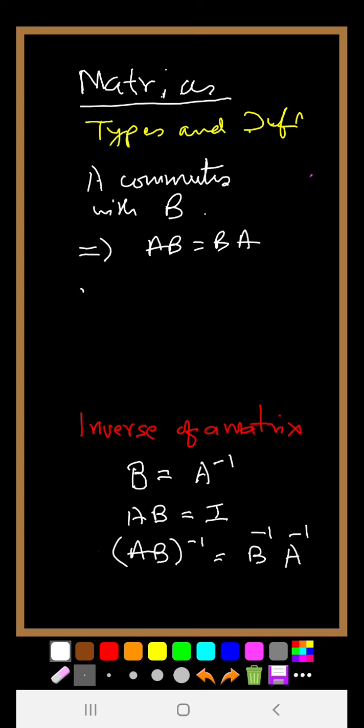And if it anti-commutes, then AB is equal to minus BA. This is the commutation property. And then another property is the transpose of a matrix.